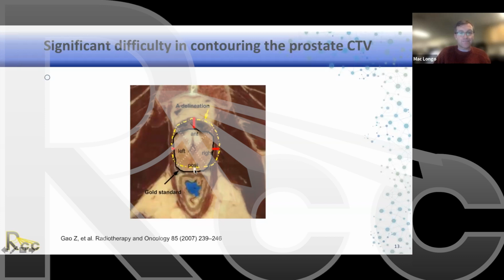They didn't sufficiently contour parts of the prostate, especially posterior. So of these contours, only 84% of the prostate was adequately covered on average. So I think this really demonstrates how difficult prostate cancer contouring can be.